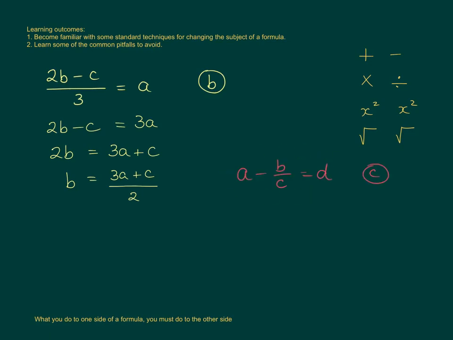Now let's take this example. We want to isolate C on its own. Now notice again this is an equation involving fractions, so the first thing to do is to try and eliminate the fractions. So to do that we multiply each term by C. So we get AC. Now if you multiply minus B over C by C, you simply get minus B, but then we multiply the right hand side by C also, in which case we get CD.